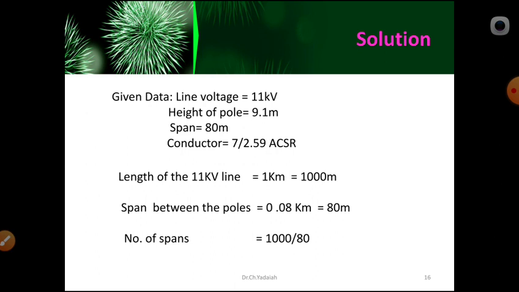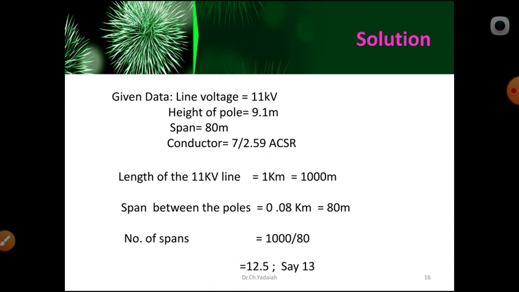Total length is 1000 meters, the span is 80 meters. 1000 meters by 80 meters, we get 12.5. It is not a fractional value, because the span is the distance between two poles, so that is 13 spans.